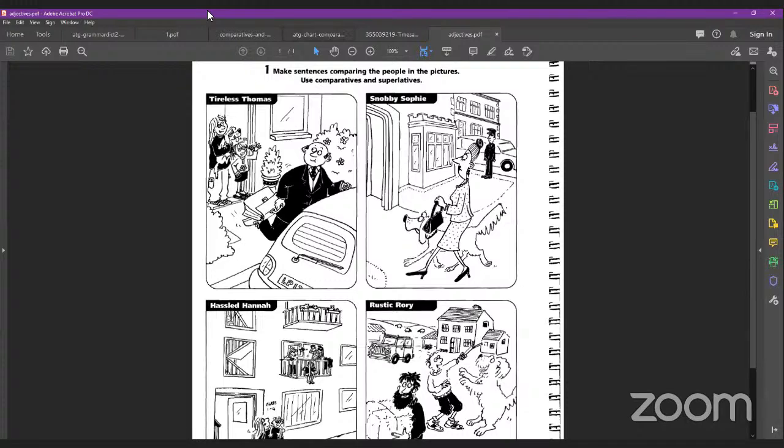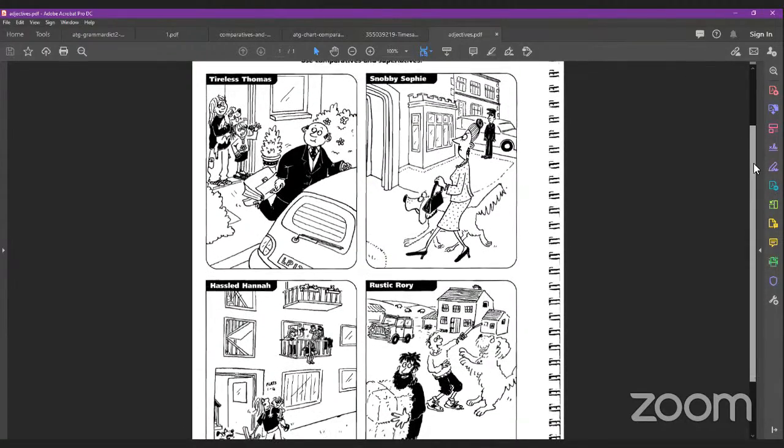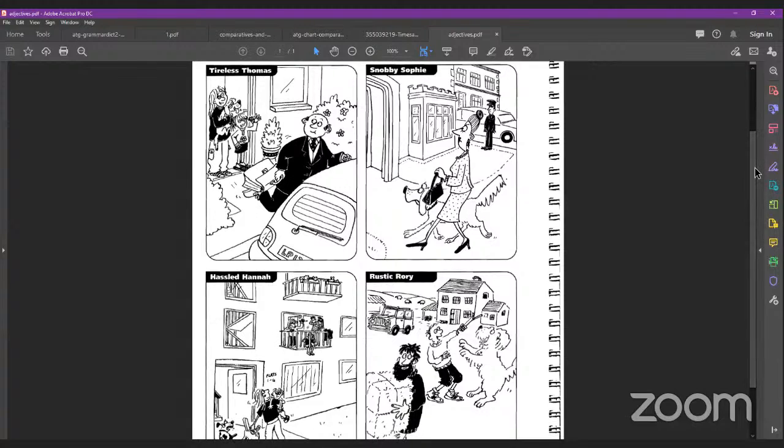In picture number 1, we have Thomas. Then we have Sophie, Hannah, and Roddy.